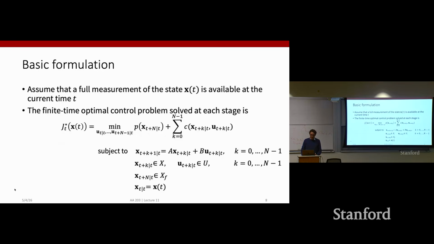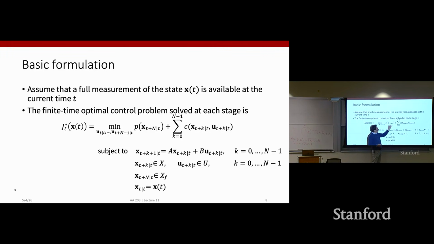So what is the basic formulation of MPC then? Assume that we can measure fully the state x_t. Then at each replanning time t, we solve an optimal control problem in open loop in terms of the variables u_t, u_{t+1}, all the way to u_{t+N-1}, to minimize an additive cost, but now you should be very familiar with the structure.